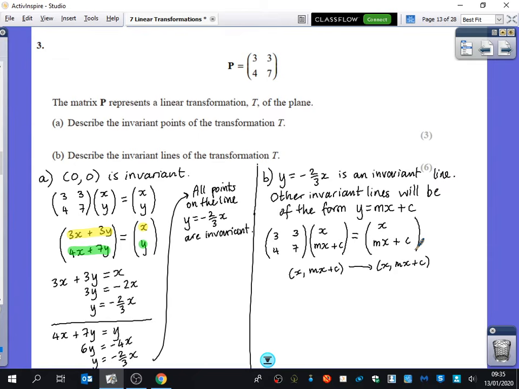So we could change the letter and just call it D, E, whatever we wanted to call it, or what you'll probably come across if you see this in a mark scheme is they just call it X dash and X dash. So now we have got that it's going from a coordinate to a new coordinate that still has the same relationship.